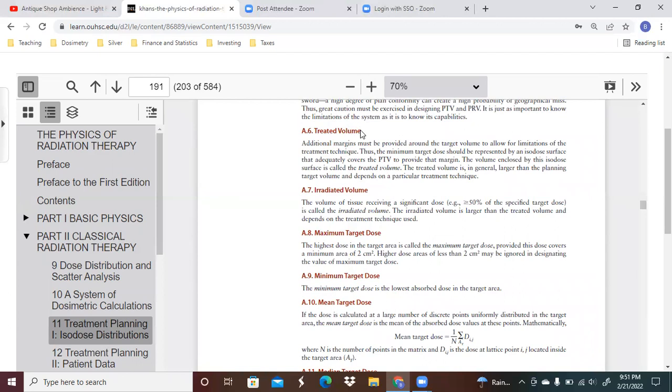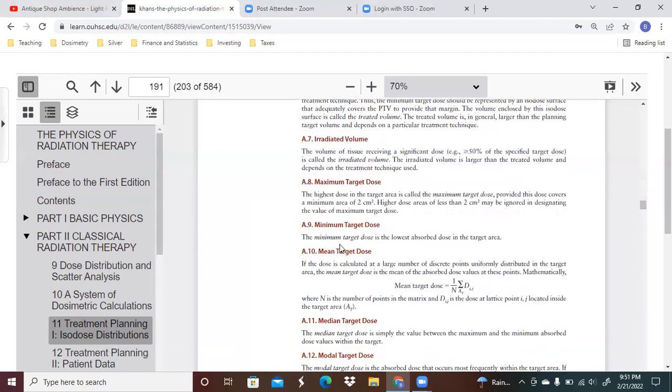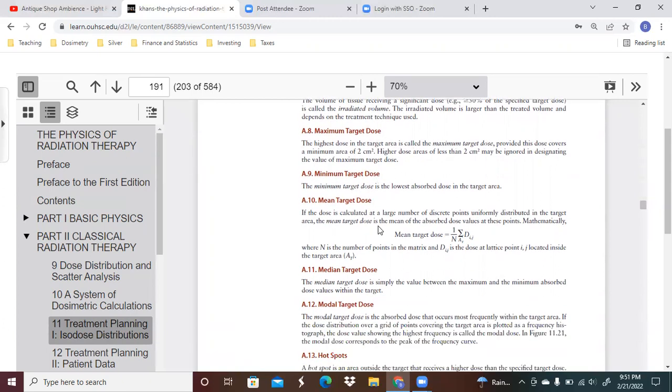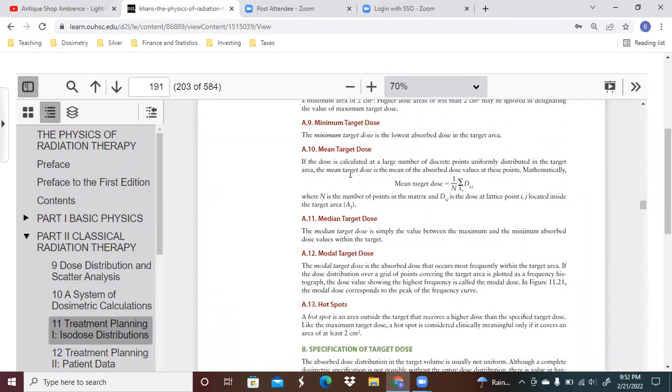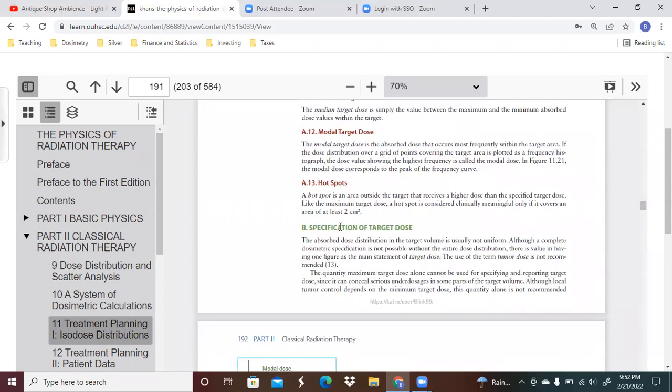You've also got treated volumes here, irradiated volumes, maximum target dose. So the highest dose in the target area is called the maximum target dose, basically what's your hotspot. Minimum target dose is the lowest absorbed dose in the target area. Mean target dose, median target dose, modal target dose. Hotspots.